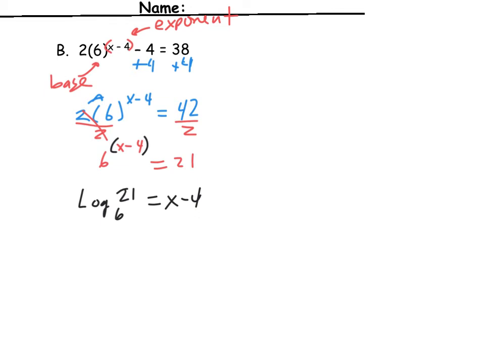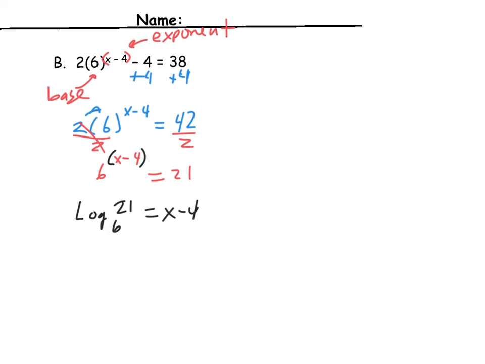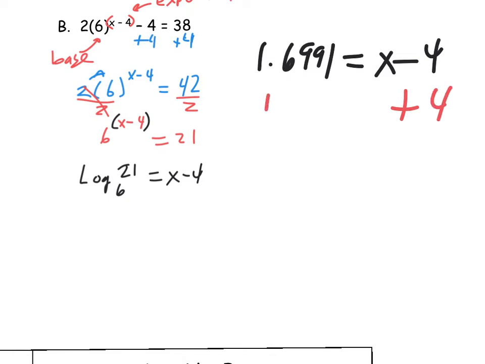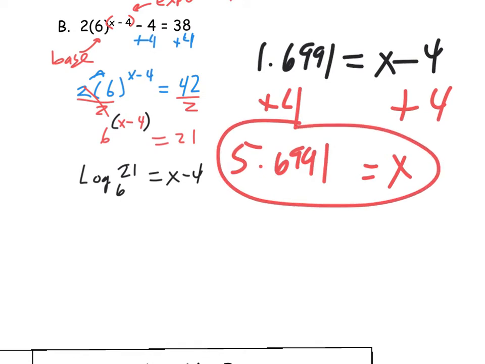So we're going to get 1.6991 equals x minus 4. And then to solve this, you would just add 4 to both sides once you're to that point. So x equals 5.6991. And that's kind of what we covered previously, okay?